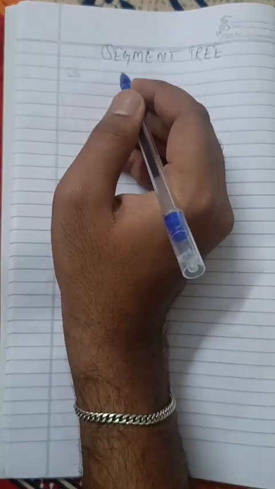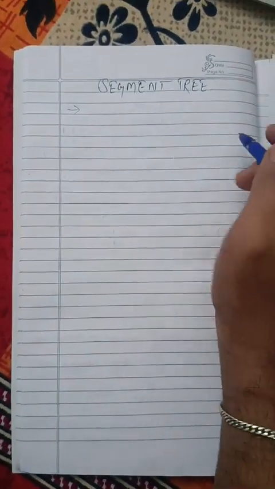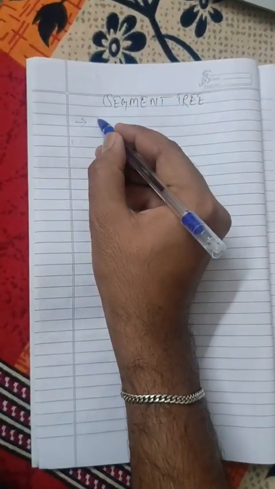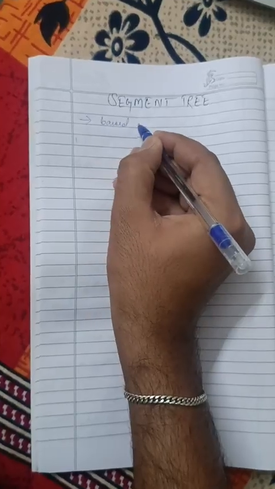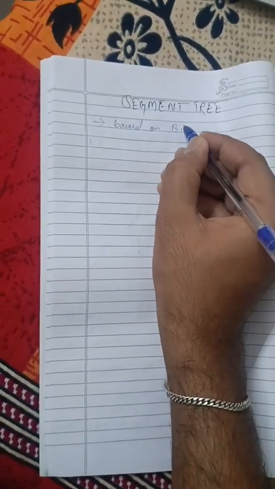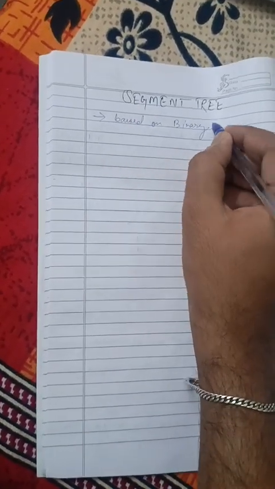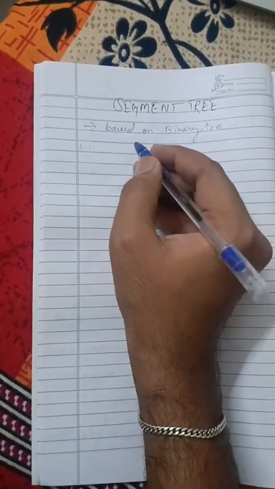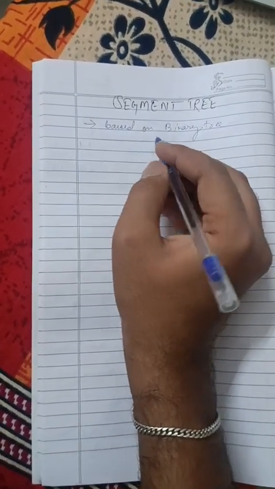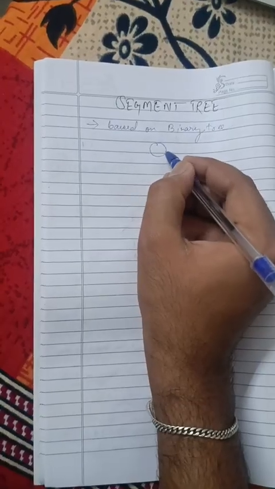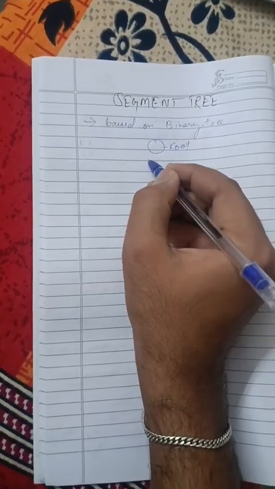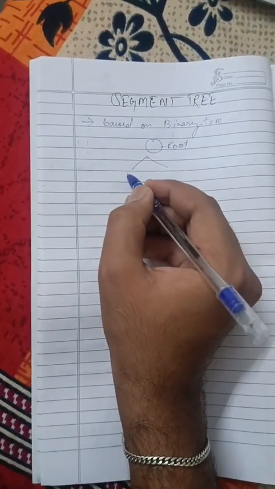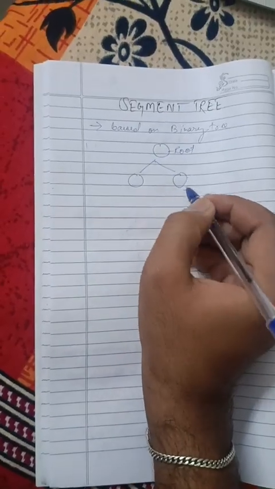So this segment tree concept is based on the binary data structure. That means it will consist of a root node and child, its child.